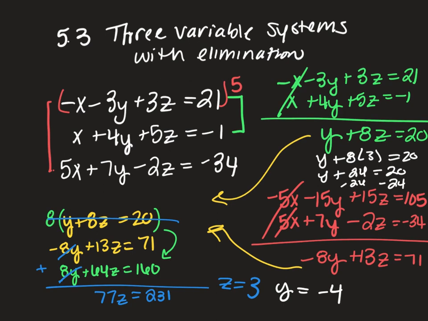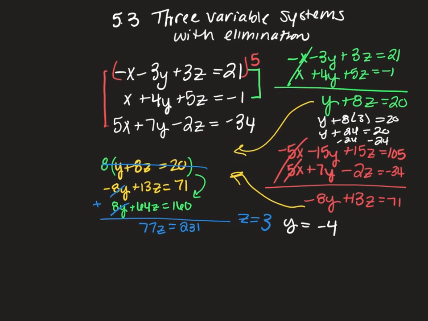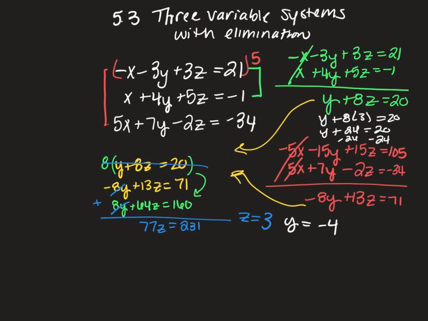And then we'll plug both of those into one of our original equations. I'm going to plug into the middle one, I think. All right, I have x plus 4 times y, which is negative 4, plus 5 times z, which is 3, equals negative 1.